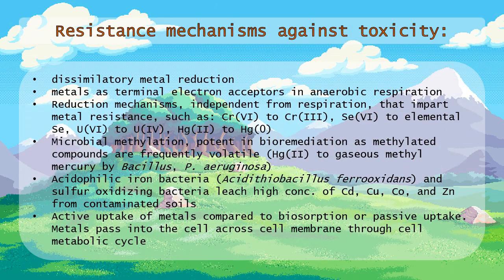You and your comrades have also developed resistance mechanisms against toxicity to aid you in biotransforming heavy metals. Here are some of them. Reduction of metals through dissimilatory metal reduction. Utilizing metals as terminal electron acceptors in anaerobic respiration.